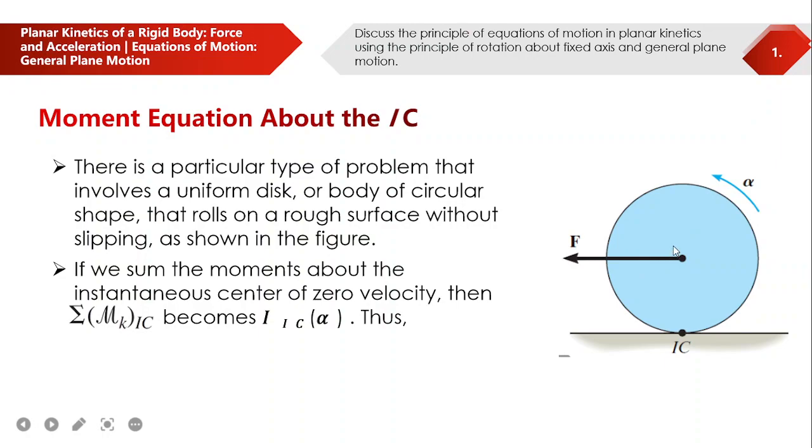So, yung summation of all the kinetic moments at point IC, that will be I sub IC times alpha. Thus, your summation of all the moments at IC is equal to I sub IC times alpha. Okay? Ito lang yan.